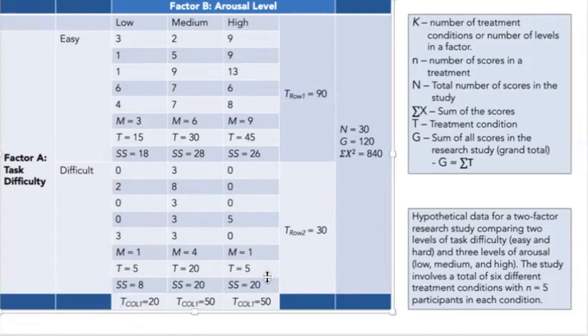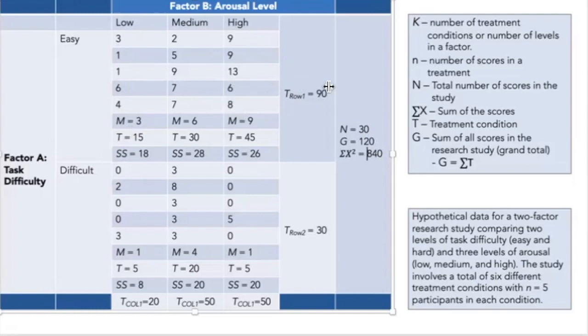Okay, and each has separate sum of squares as well. The sum of squares are actually derived from these ones. This 8 is from this, 20 is from this, and so on. And then N is the total number of individuals who have participated in this study, that is 30. G actually stands for the sum of all scores in the research study. This is the grand total. Grand total means the combination of all of this.